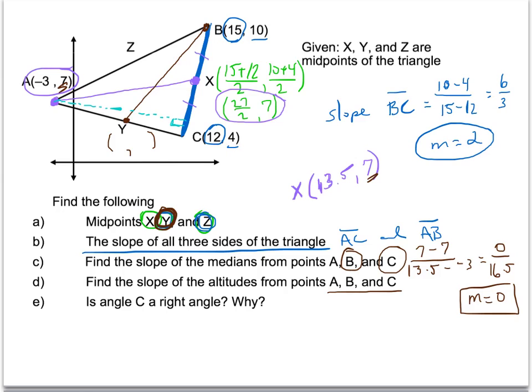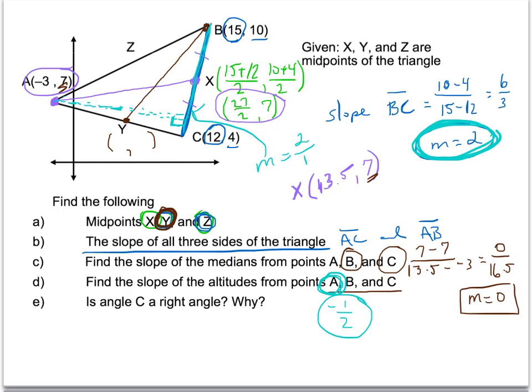We already found out that the slope of line BC is positive 2. So if the slope of line BC is positive 2 over 1, the slope of the dotted line that I just drew, which is perpendicular, is going to have a slope that is the opposite reciprocal, which would be, of course, negative 1/2.